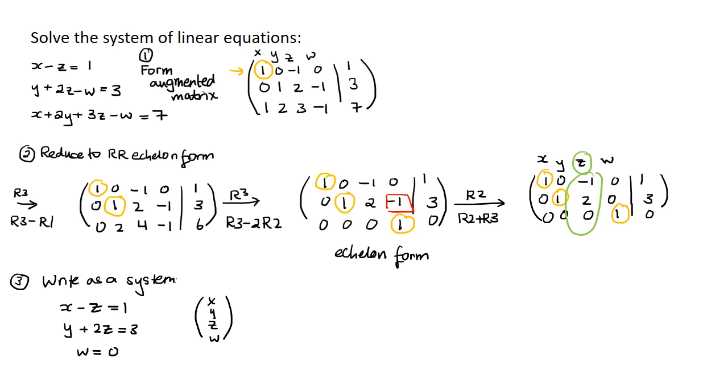So the first equation here becomes x equals 1 plus z. The second equation becomes y equals 3 minus 2z. And the third equation is w equals 0. So z has no restrictions. It's free.